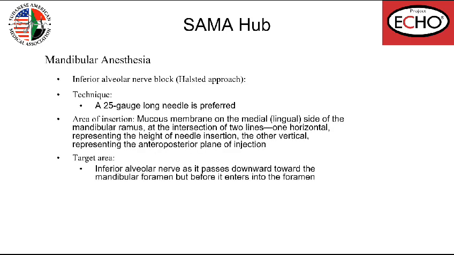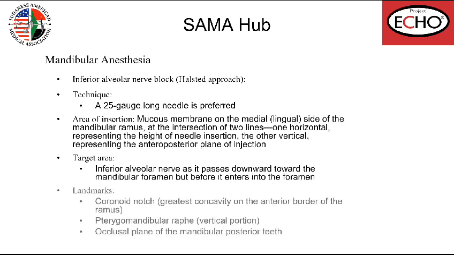Inferior alveolar nerve block, the technique: 25 gauge, long needle is preferred. Area of insertion, mucous membrane on the medial lingual side of the mandibular ramus at the intersection of two lines, one horizontal representing the height of needle insertion, the other vertical representing the anteroposterior plane of injection.